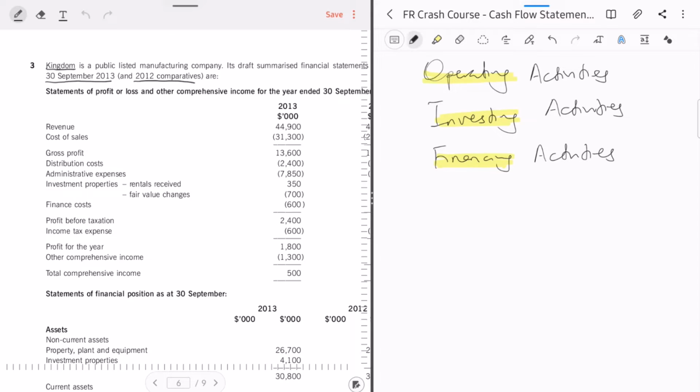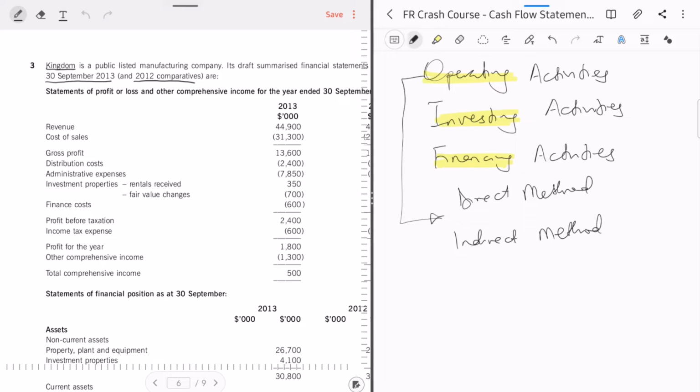But for operating activities, the standard gives us two main approaches. You can either use something called the direct method or the indirect method. As the name implies, the direct method is direct. So you actually use proper cash flows. What I mean by proper cash flows is, let's say, payments made to suppliers, amounts received from customers, payments for salaries, payments for expenses.